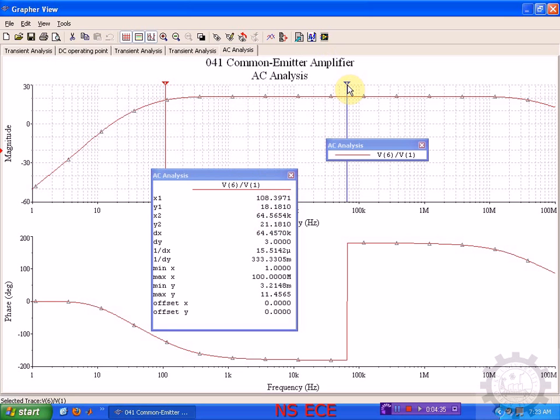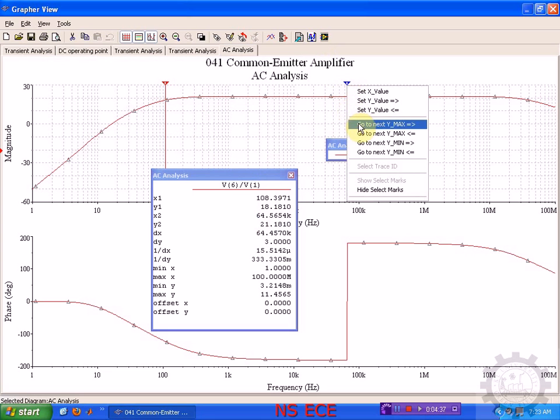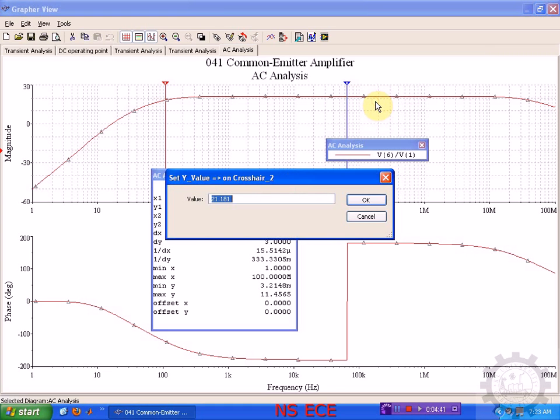For finding the higher cutoff frequency, I select the second cursor and set Y value as 18.1810, because the maximum gain is 21.181. For getting the lower and upper cutoff frequencies, you just subtract 3, that itself gives 18.181.